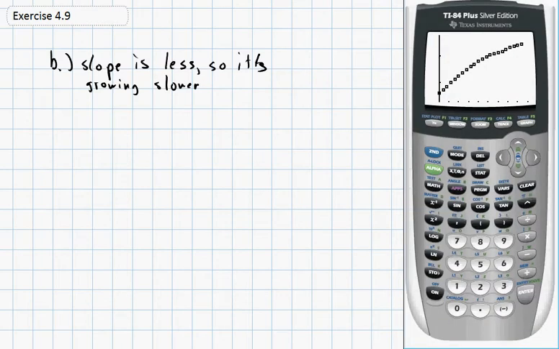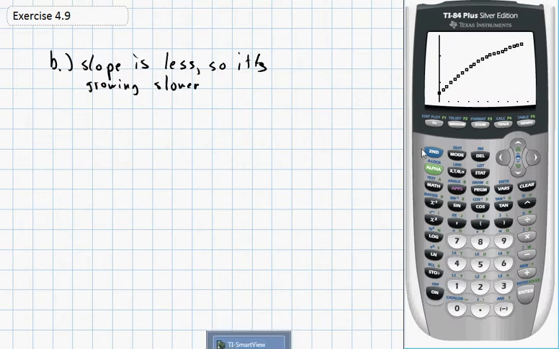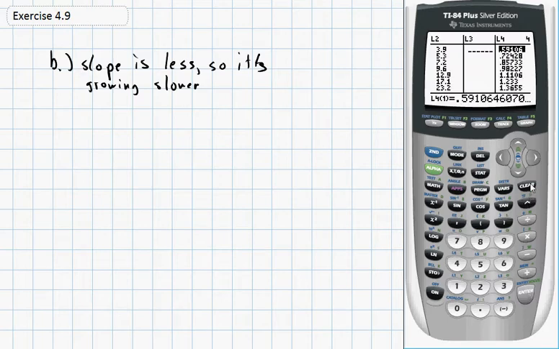Okay, part C, they want you to use the data from 1920 to 2000. So what's going to happen is I'm going to make time since 1920 my new L1. Basically, I'm just going to take this data here and delete until we get to 105.7.